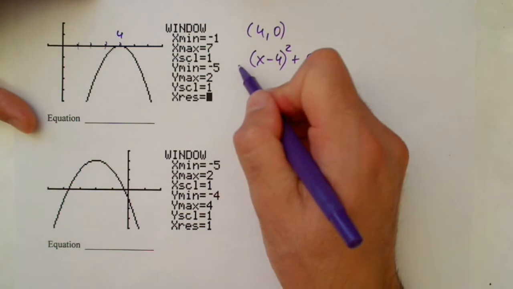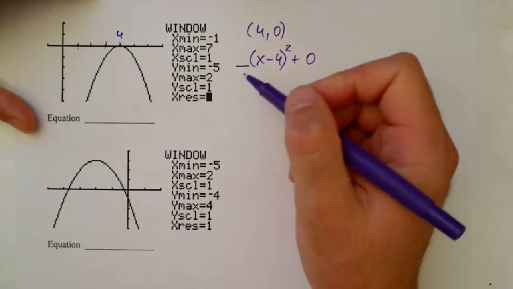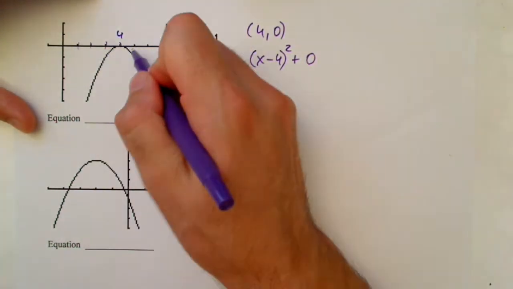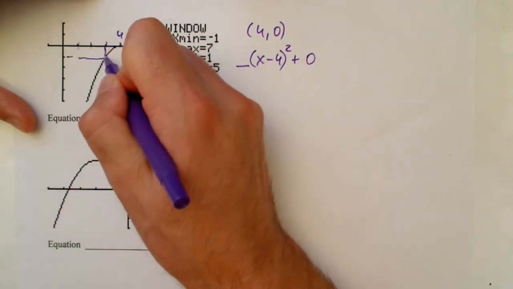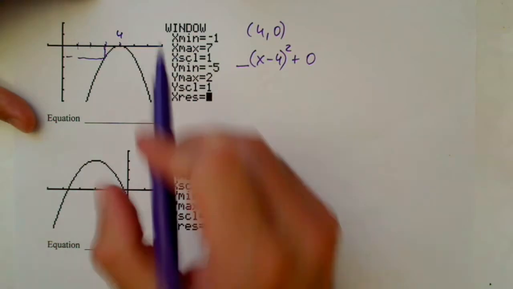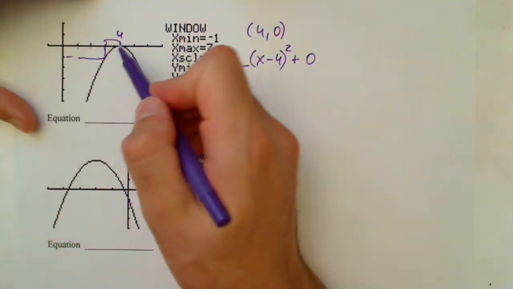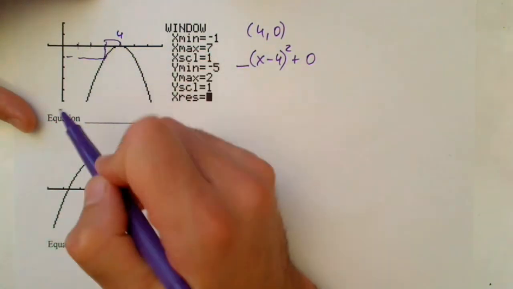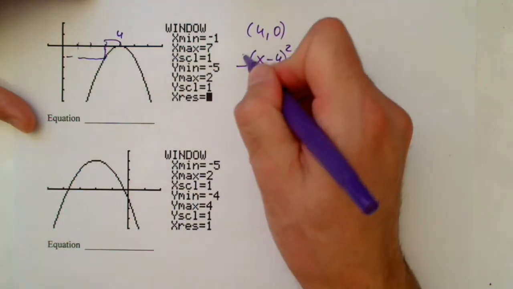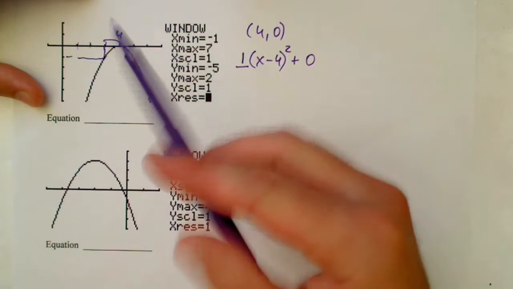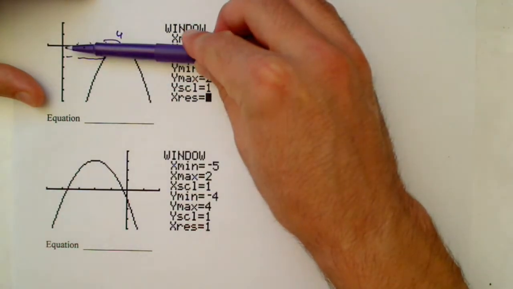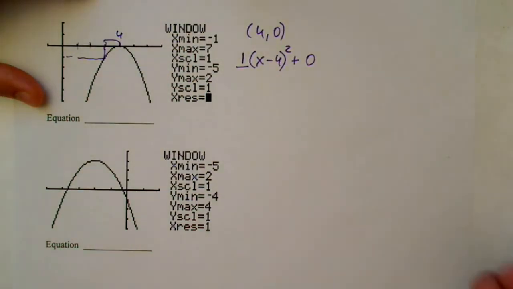Now what is our a coefficient? First of all, we're checking the stretch. Remember, for 1 unit there should be 1 output. We have 1 unit, and it's only 1 out, 1 down. It means it's still 1, but now it goes down. It's reflected across the x-axis. To reflect it, we have to change the sign.